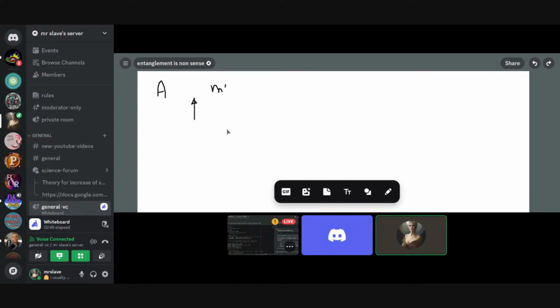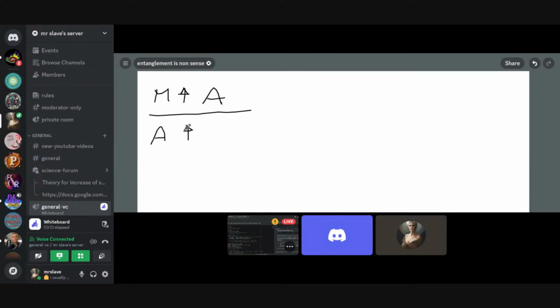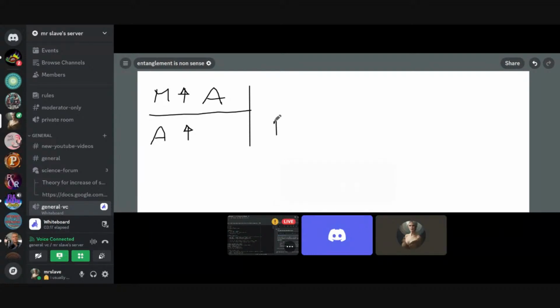Forget it. Let me start over. It's too messy. Basically, for A, the magnetic field is always up. So if particle A is up and the magnetic field is up, then we're going to get a result up.